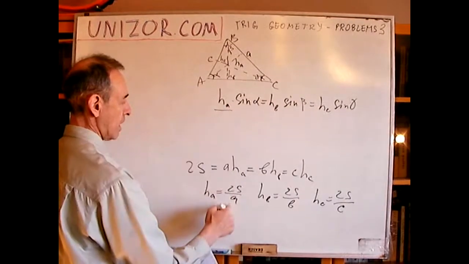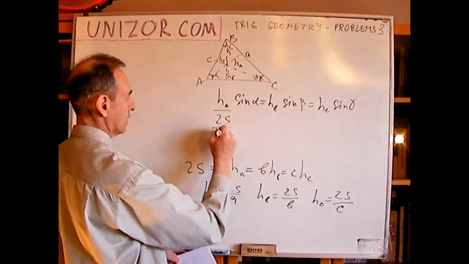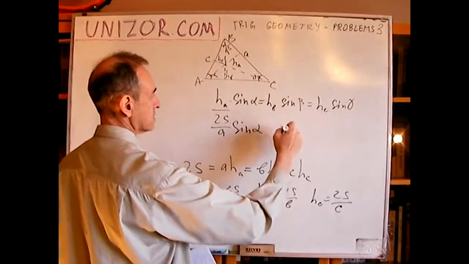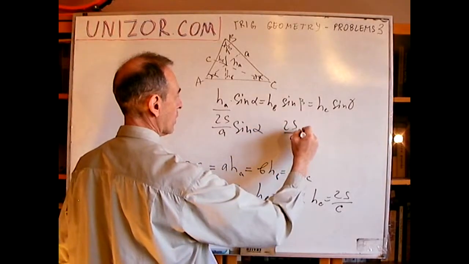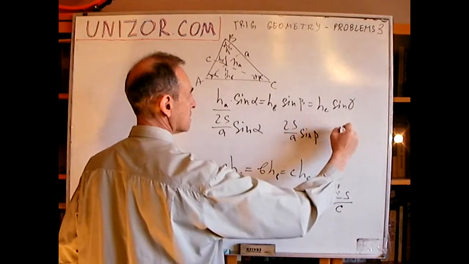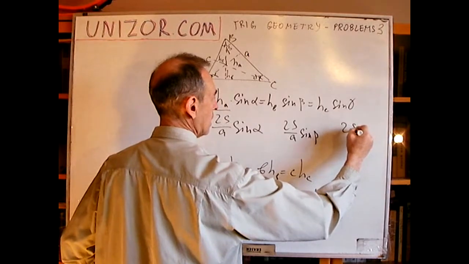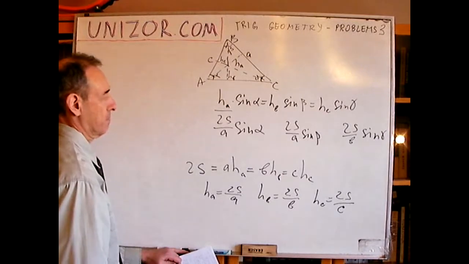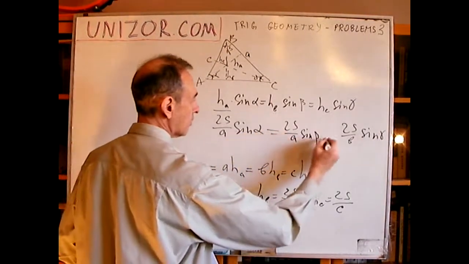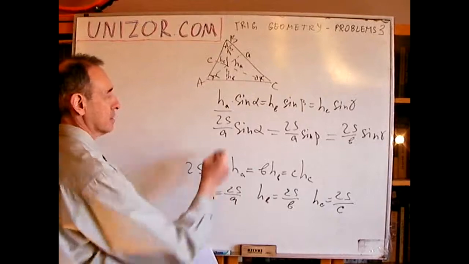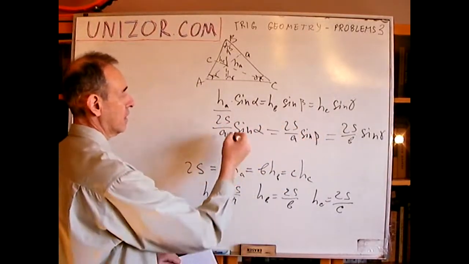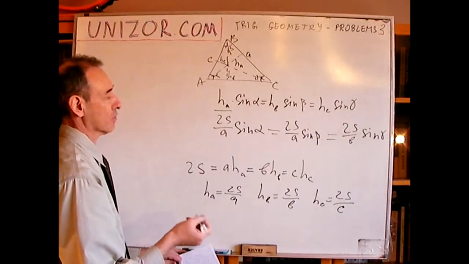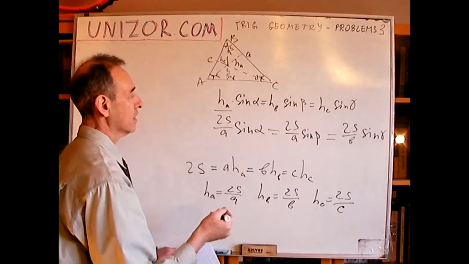So since HA is 2S divided by A, I have this, right? Now this is 2S over A sine alpha, and this is 2S over B sine beta. Now, these are equal, right? Because S is just a multiplier everywhere, and this is the inverted law of sines.